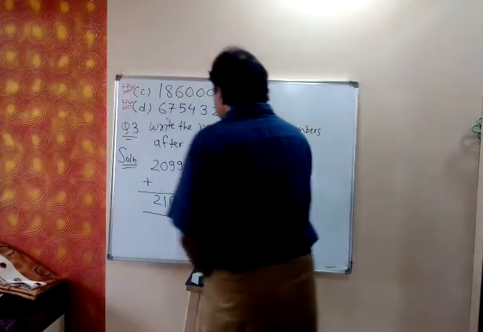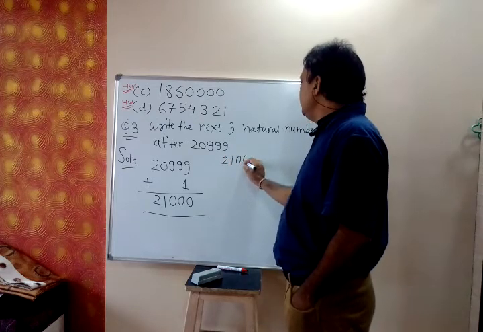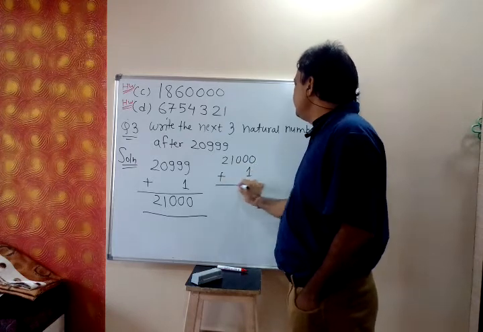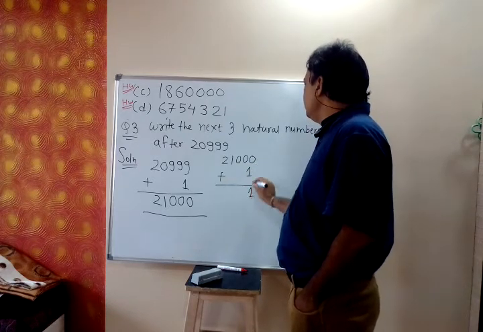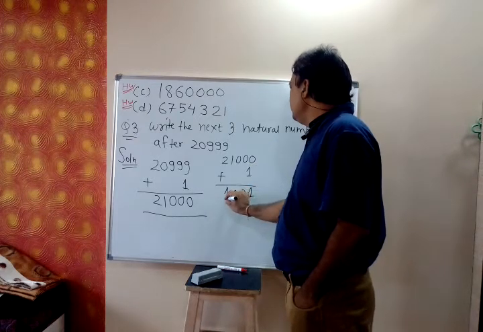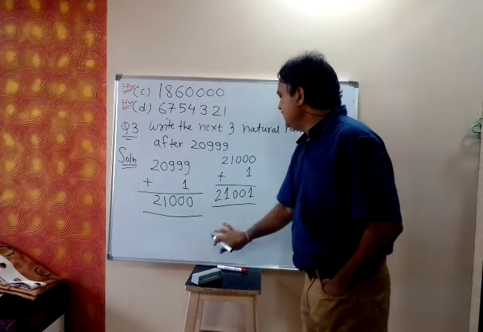Then for the second, I will add 1 to this 21,000. 0 plus 1, 1. 21,001. This is the second natural number.